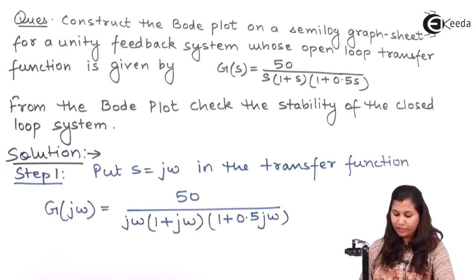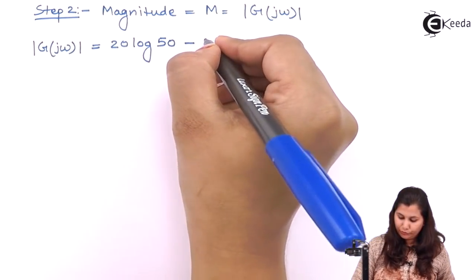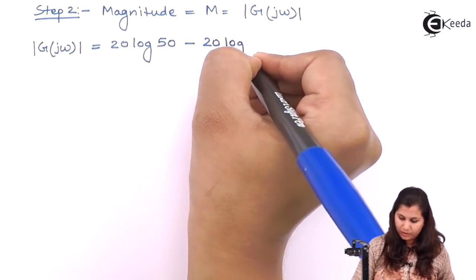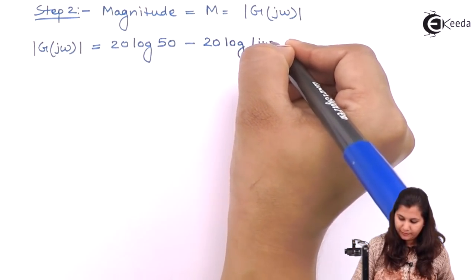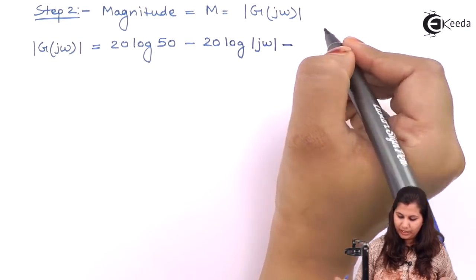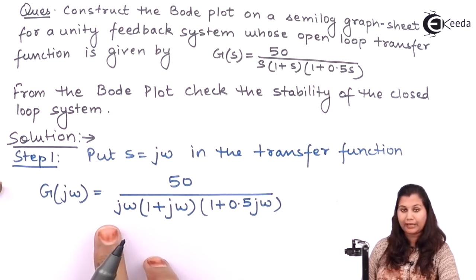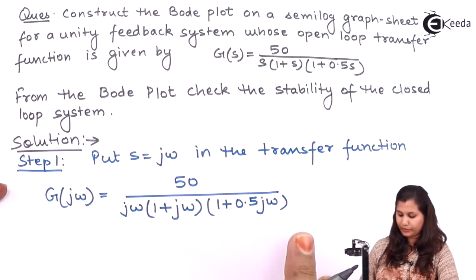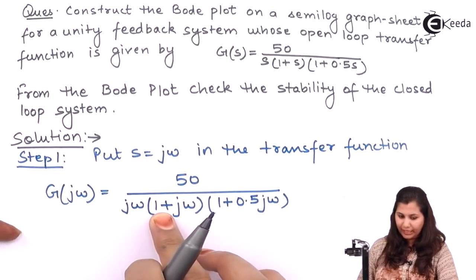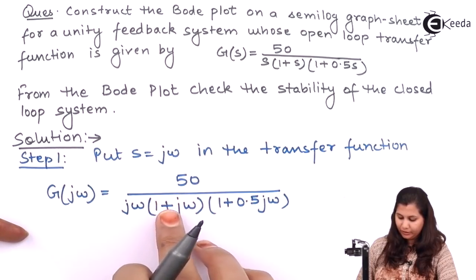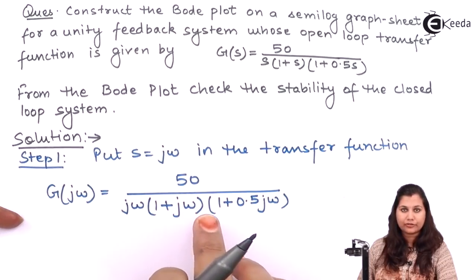Then we have j omega, so its magnitude will be 20 log of j omega, with a minus sign, because we are now taking the magnitude of the denominator terms. Here we have minus 20 log of 1 plus j omega.